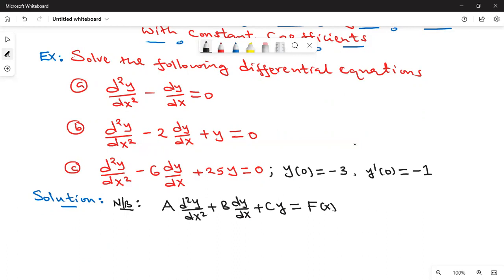Now, this equation is said to be homogeneous if f of x is equal to 0. So if that function f of x is equal to 0, then we say the ODE is homogeneous.